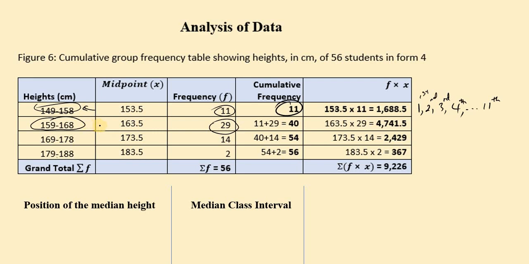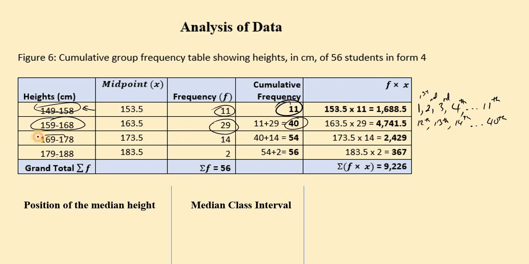After the 11th person, we have the 12th person, then the 13th person, the 14th person, right up to the 40th person. So if you count 12, 13, 14 as 1, 2, 3, and you count right up to 40, you realize you have 29 persons in this category. From 1 to 11 is 11 persons. From 12 to 40, inclusively, that's 29 persons.